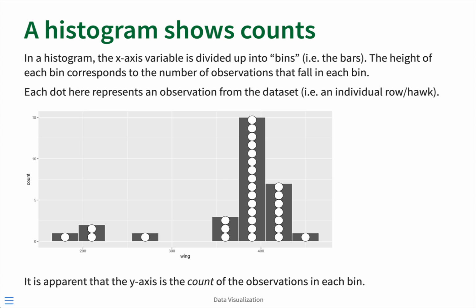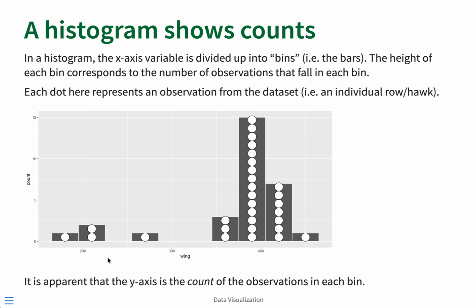So the histogram that we get for continuous variables divides the x-axis up into ranges called bins, and then it counts how many observations fall into each bin. For example, here's a histogram of the wing variable from the Hawks dataset.